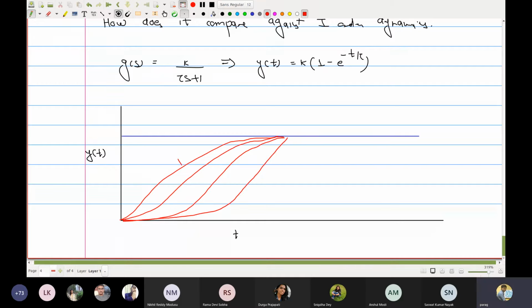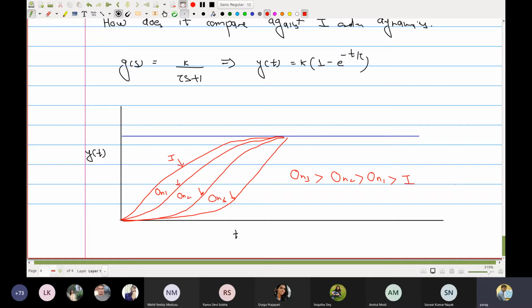And if I draw this, then this must be first order. This must be greater than first order. So let us write it like this: O n1, O n2, O n3. So O n3 must be greater than order of n2, must be greater than order of n1, and it must be this. So this is how in general the system evolves.